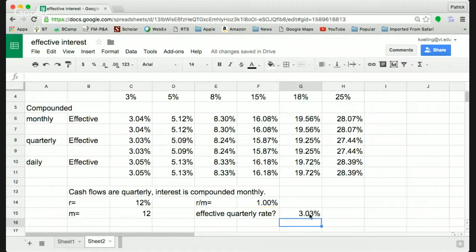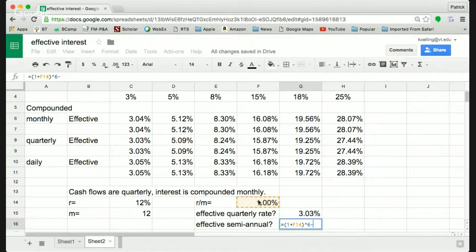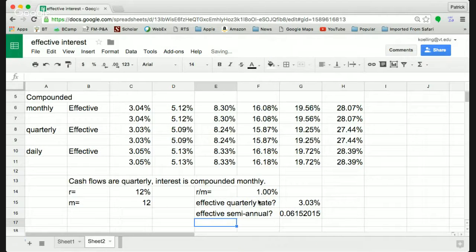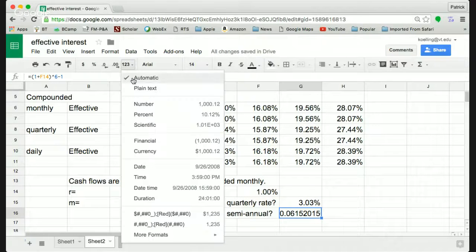If we were looking for the effective semi-annual interest, this would be 1 plus, again, it's still the quarterly rate. How many quarters are in our semi-annual? There's 6 minus 1, or 6.15%.